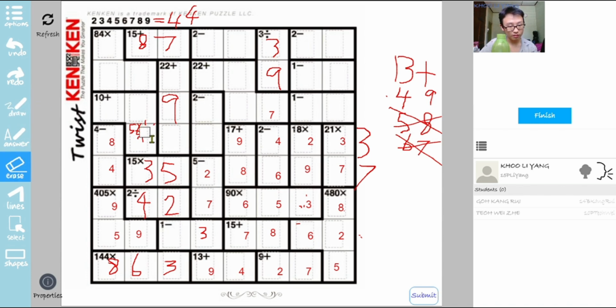We are only left with 5. So we know that 5 must be here. 10 minus 5 is equal to 5.